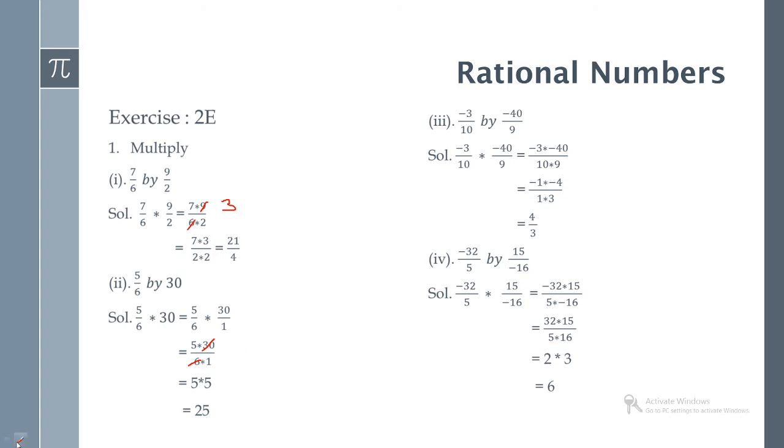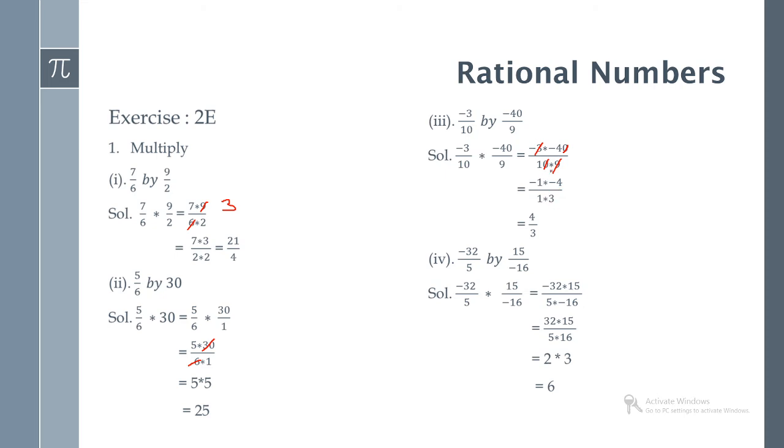Now coming to the next one. It's minus 3 by 10 by minus 40 by 9. So minus 3 by 10 into minus 40 by 9 is equal to minus 3 into minus 40 by 10 into 9. Now 10 ones are 10, 10 fours are 40. 3 ones are 3, 3 threes are 9.